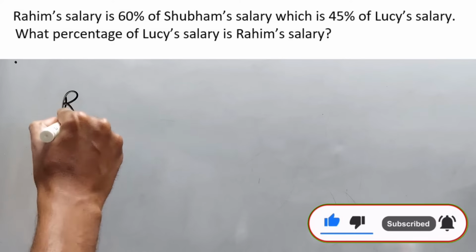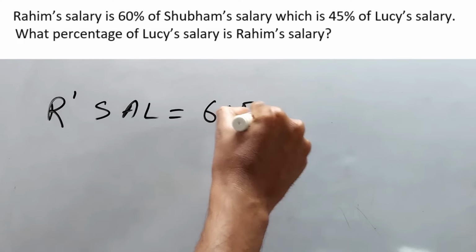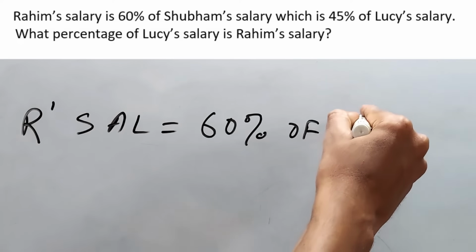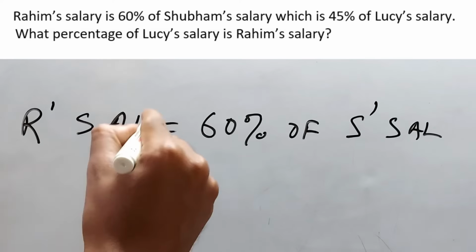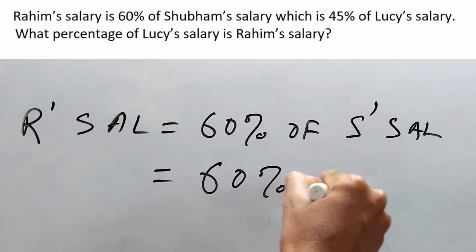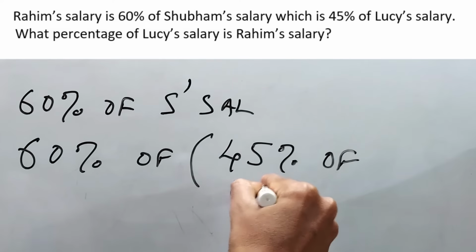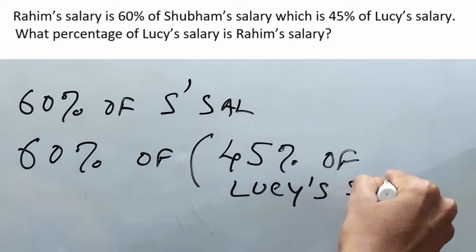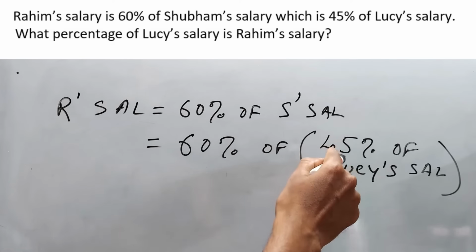So first thing is Rahim's salary, that is equal to 60% of what? Shubham's salary, right? And that is equal to, very important thing, 60% of 45% of Lucy's salary.